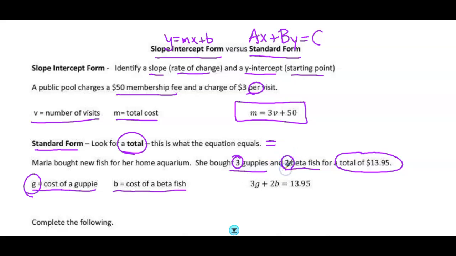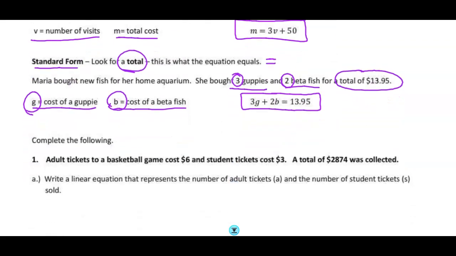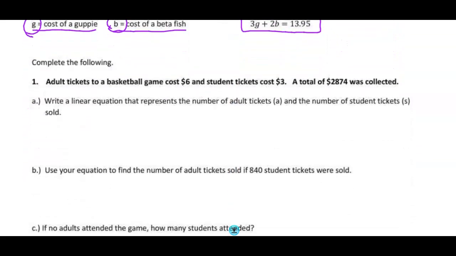And 2 betta fish times B, the price of a betta fish, would give you that cost. So now the standard form equation is going to look like this: 3G plus 2B equals $13.95 because that's what it said the total was. So this whole lesson is about standard form, not slope-intercept form.